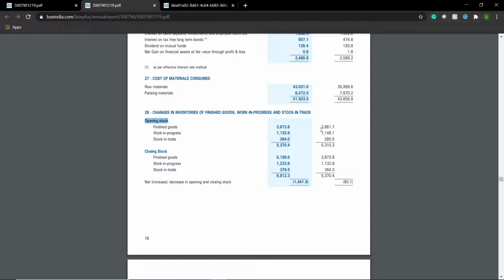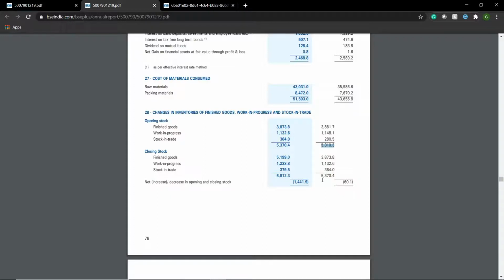So for the opening stock, they represent three types: finished goods, that means the products which have already been produced; work in progress, the products which are being processed right now; and stock in trade, again, which they're buying from another seller. Then this sums up to 5,310 million rupees for the company in financial year 2018.